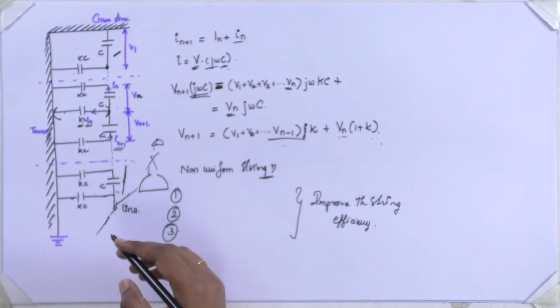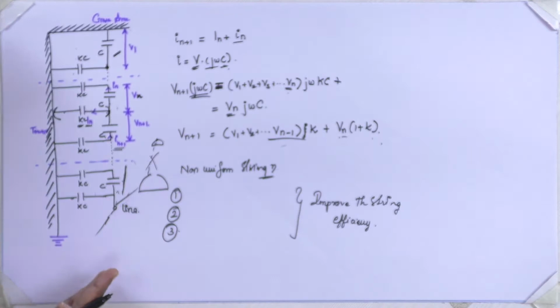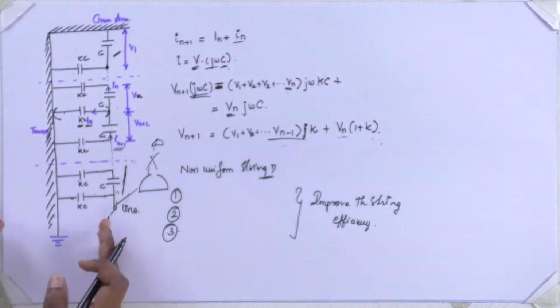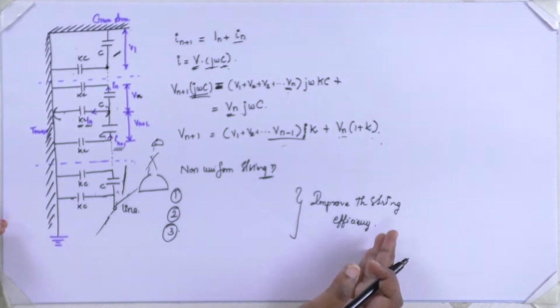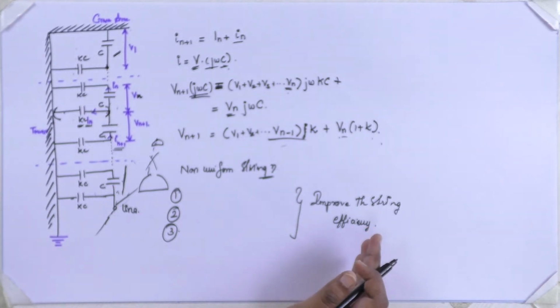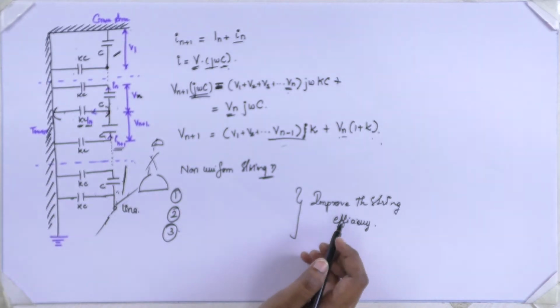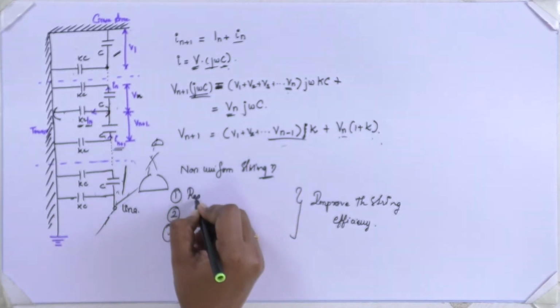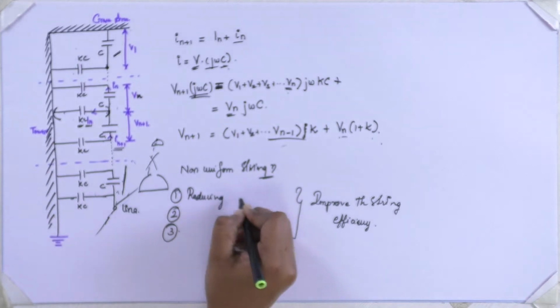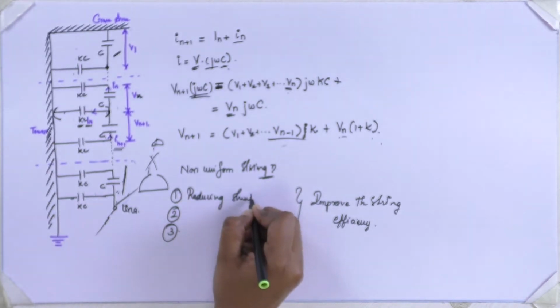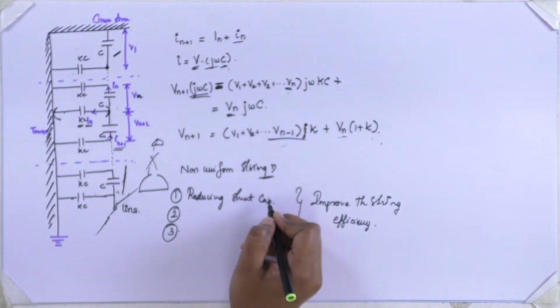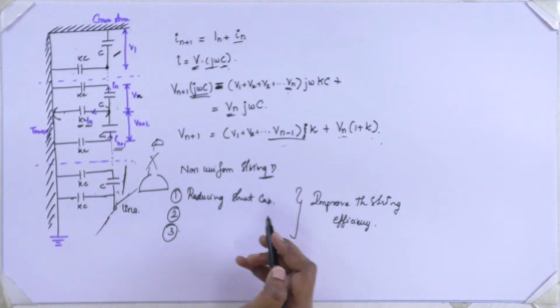So what else do we have to do to maintain the capacitance all over from the cross arm to the line equal, to get a normal string efficiency? To improve the string efficiency, there are three methods. First is reducing the shunt capacitance. What does shunt capacitance mean?